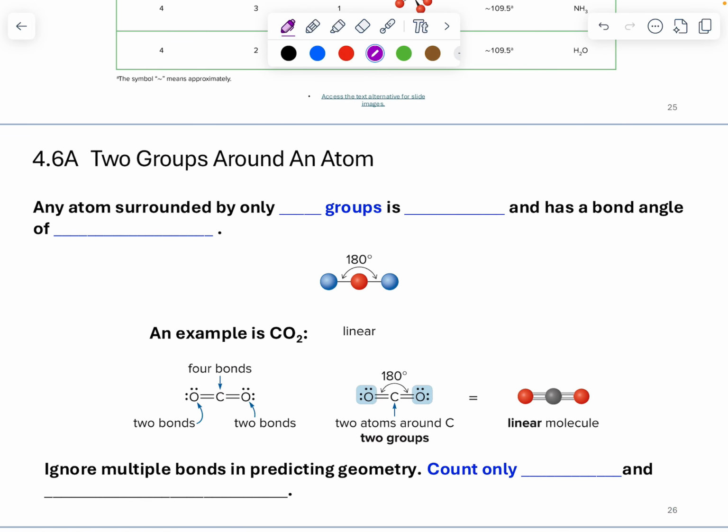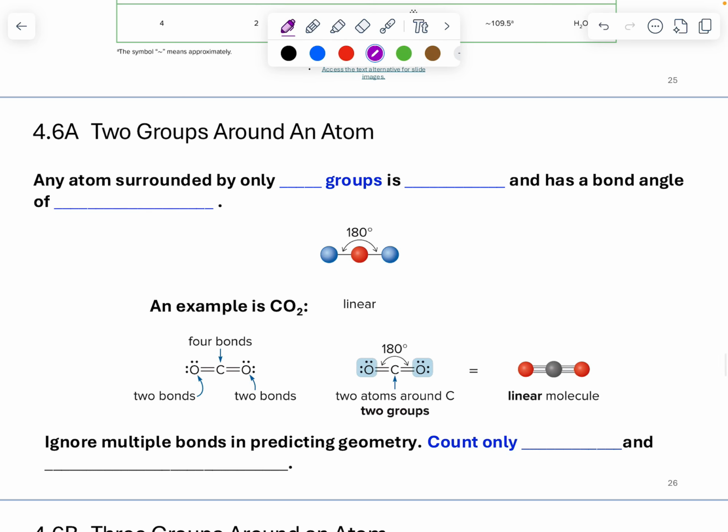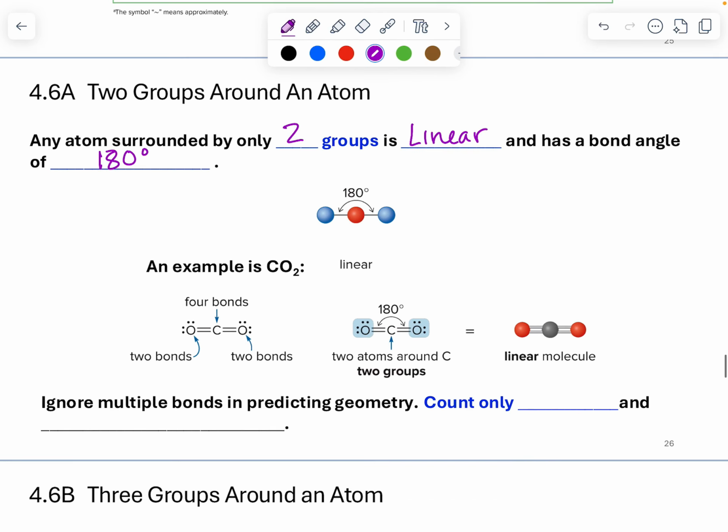Alright, let's move along. So any atom surrounded by only 2 groups, again, is linear and has a bond angle of 180 degrees. So we see some different variations. You could just have the single bonded atoms. You could have 2 double bonded atoms, as in CO2.